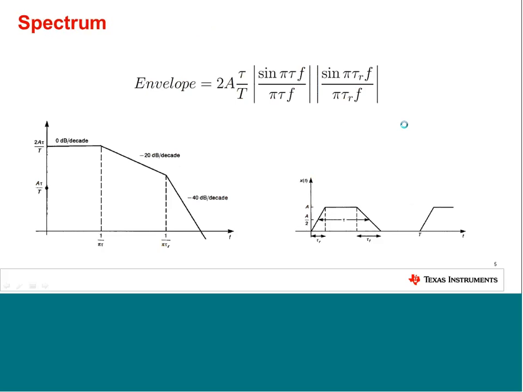If you look at the spectrum of a trapezoidal waveform, you can see a high amplitude here, and at the pulse width or the frequency of this rectangular signal, which is underlying in this trapezoidal waveform, the amplitude is going down, and at the edge of this trapezoidal waveform the envelope is going down faster, with -40 dB per decade at the corner frequency of this slope.